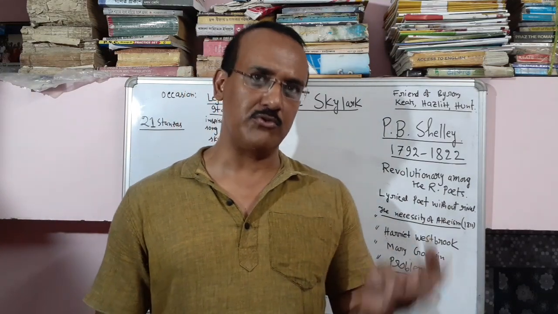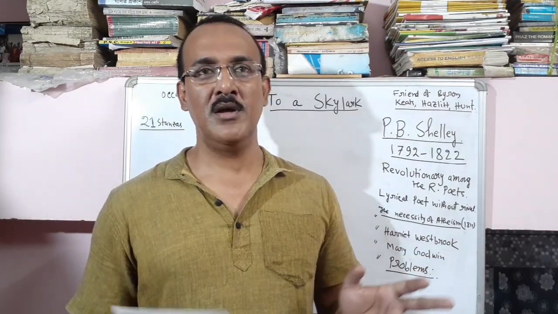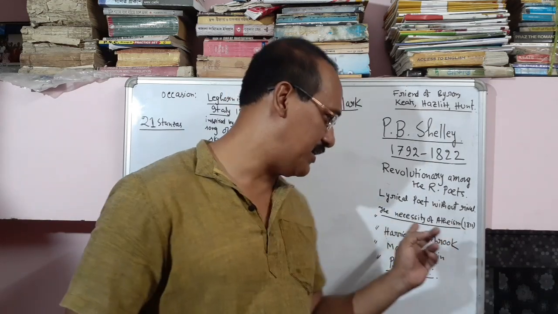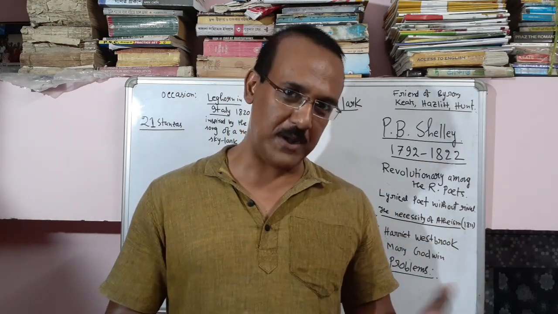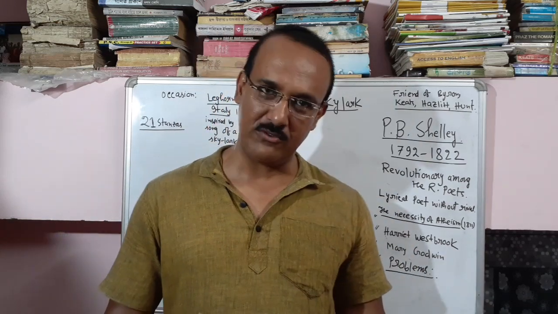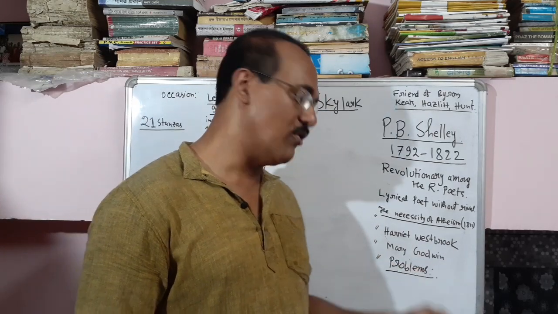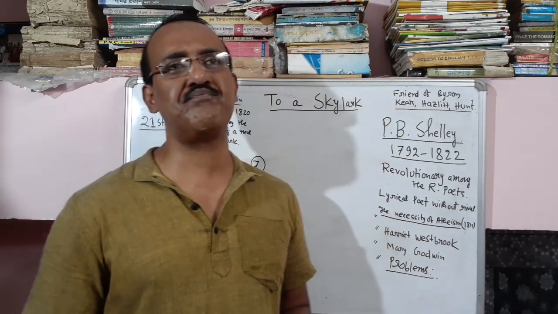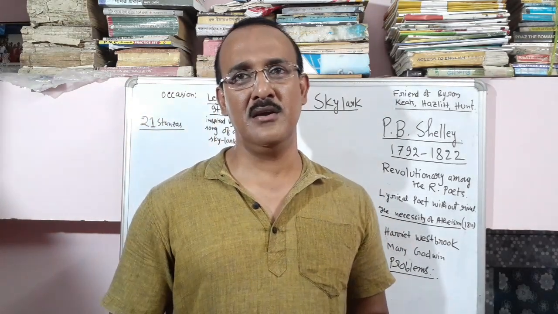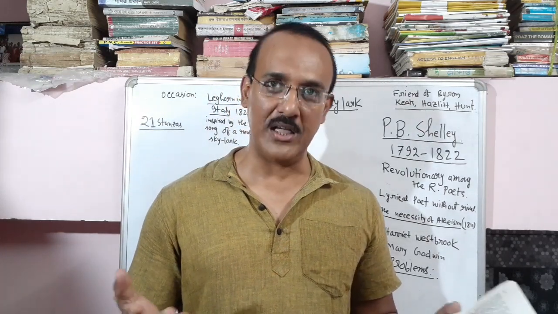Many problems, social, psychological, family, different kinds of problems beset P.B. Shelley. In 1811, he wrote The Necessity of Atheism, for which he was expelled from Oxford. His first wife, Harriet Westbrook, committed suicide. Then he married Mary Godwin. So all these problems, that's why in Ode to the West Wind, we find the line coming from the pen of P.B. Shelley: I fall upon the thorns of life, I bleed.